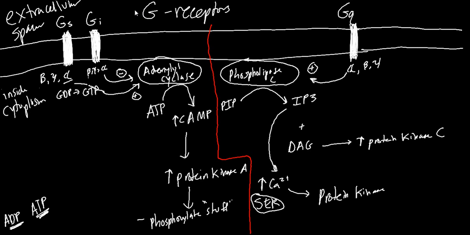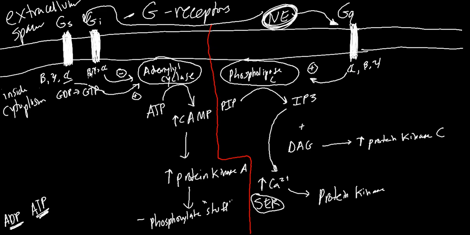So what we're doing is G receptors take an outside molecule. So we've got a molecule of norepinephrine, let's say. It's going to bind extracellularly to these G proteins, and it's going to initiate an alpha subunit to dissociate.